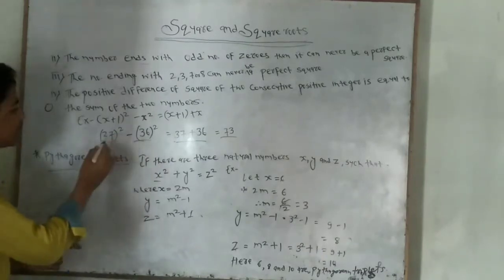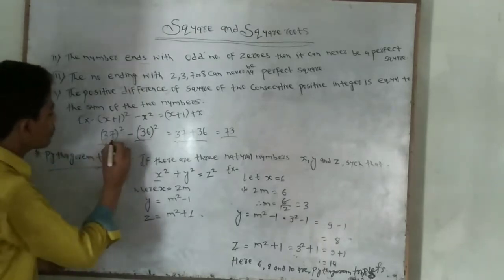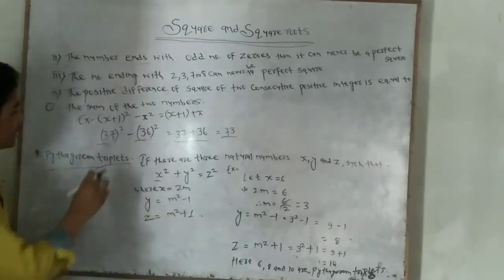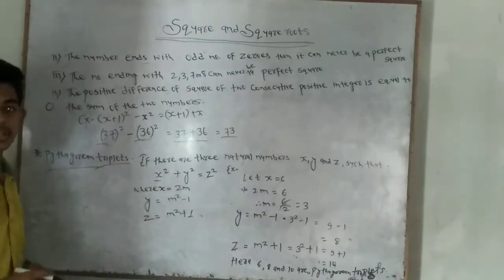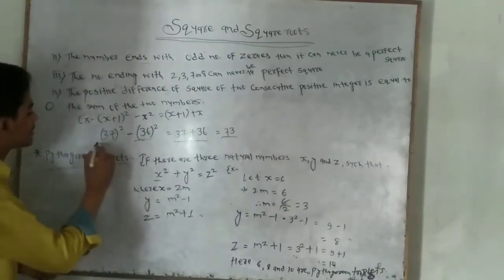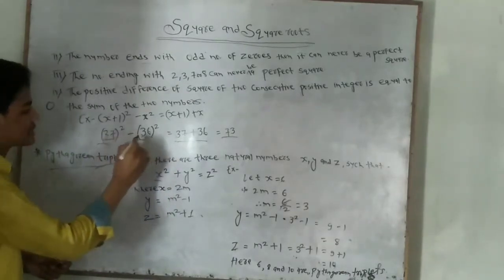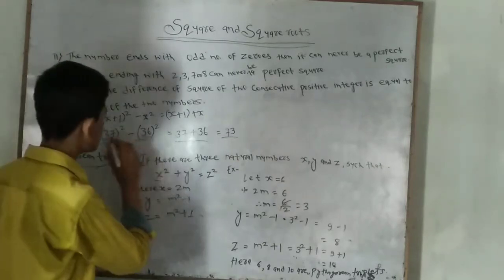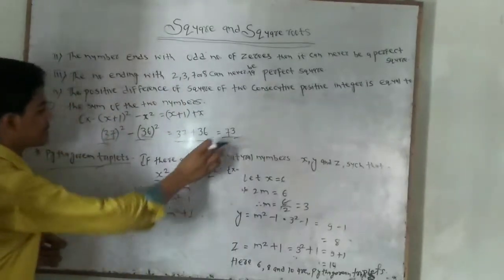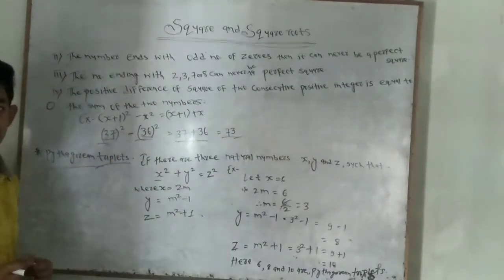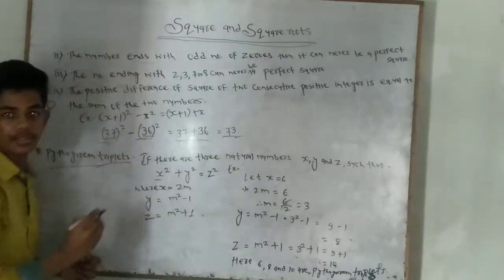When we have to find the result, the result will be the addition of this square and this square, meaning 37 and 36. When we add, the result will be 73. This will be the answer. We will not subtract here; we will directly add the numbers.